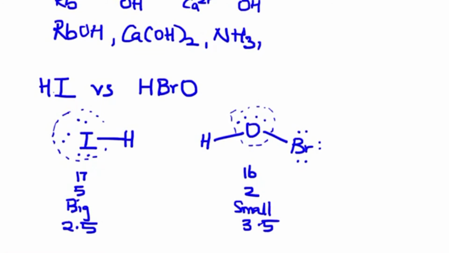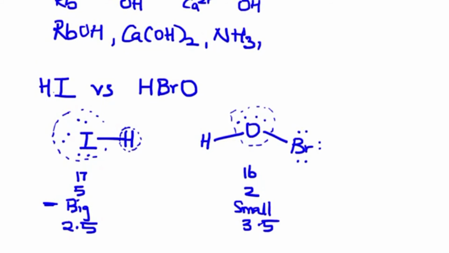The inductive effect on the hydrogen in hydroiodic acid actually shows that since the size of iodine is bigger, here we have a poor orbital overlap with that of the hydrogen atom right here.